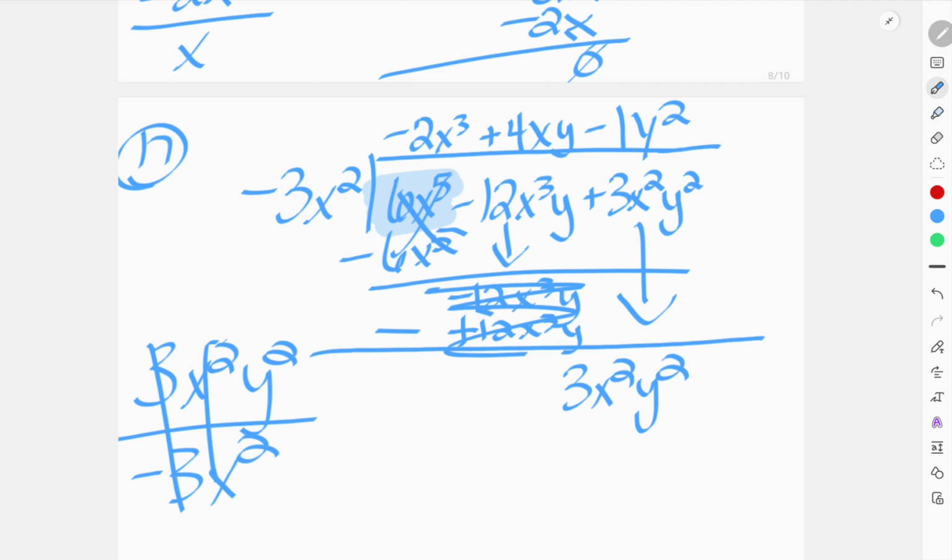So multiply y squared times negative 3x squared, and I get negative 3x squared y squared. Oh, that's supposed to be a positive. So I subtract, and it leaves me with 0.